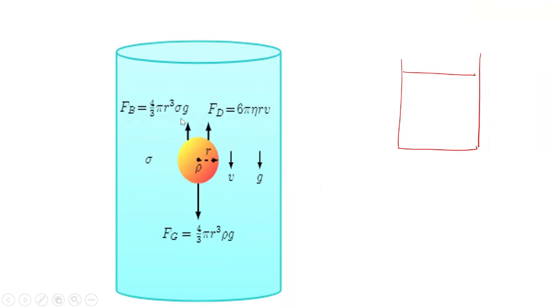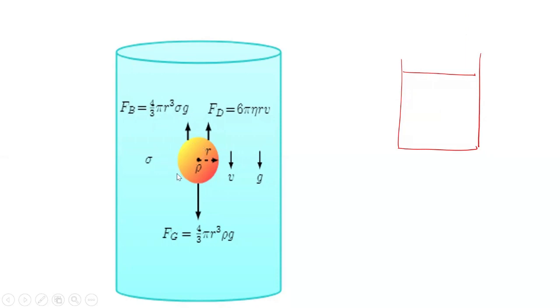Upthrust concept you teach? Yes, Archimedes principle. Already they are learning it in 9th standard. So you have to teach them again, because unless they know about Archimedes principle, they cannot derive this terminal velocity. This concept is very, very important.